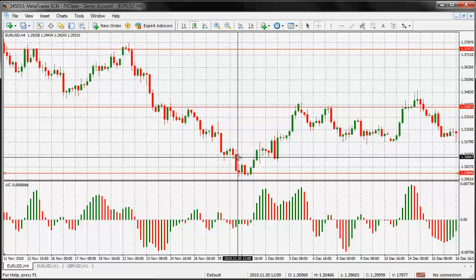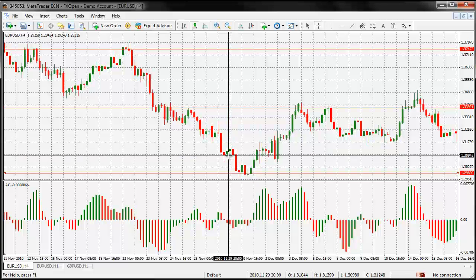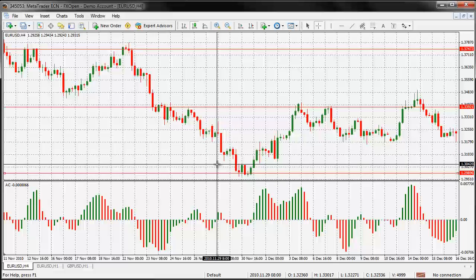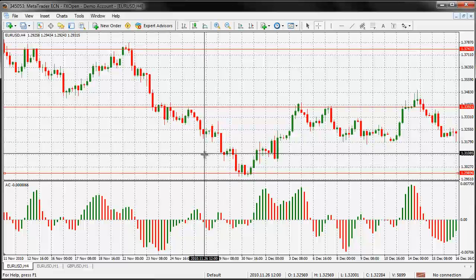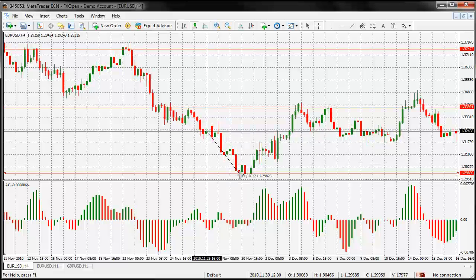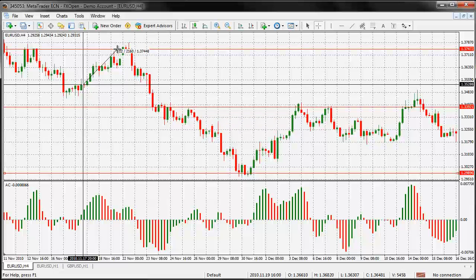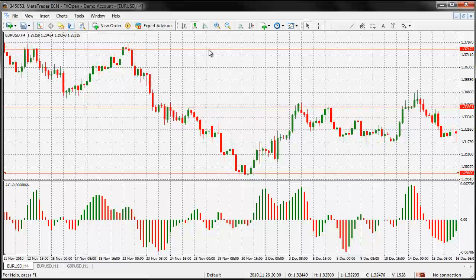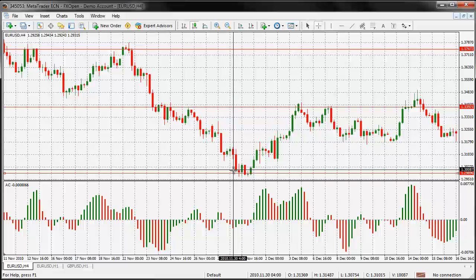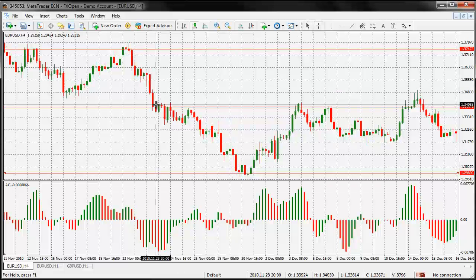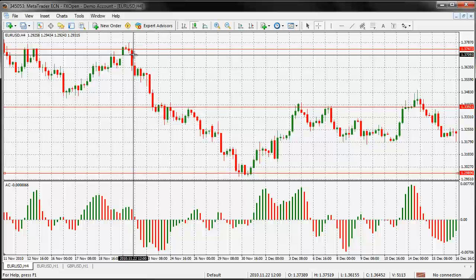Alright, now let's take a look at where we would have got in. It would have been on this bar here, so we would have got in there, and we would have hit our TP in 44 hours for 254 pips. Now let's take a look at this, ladies and gentlemen. From here to there, we would have made 216 pips in like 52 hours, and then there was a gap from where we closed out, which was up here.